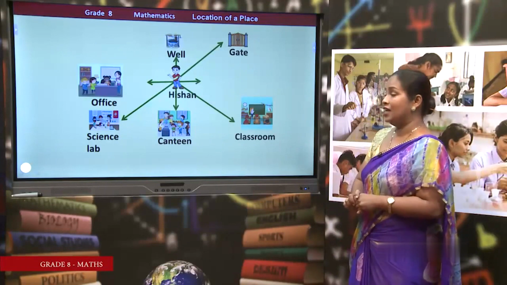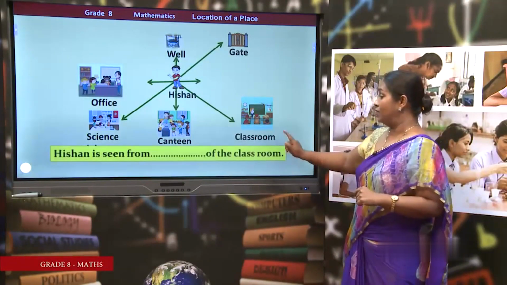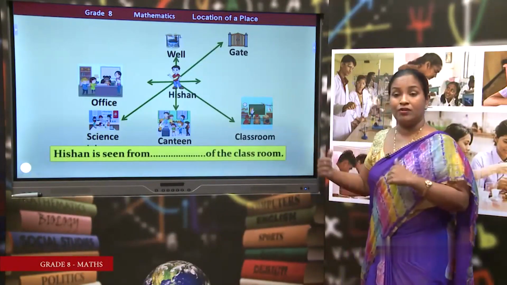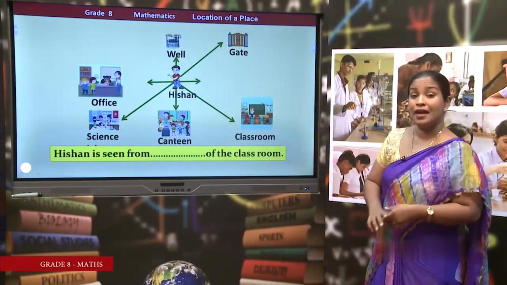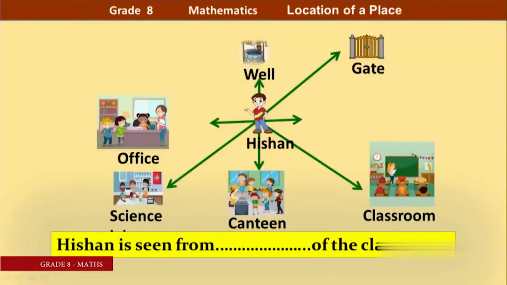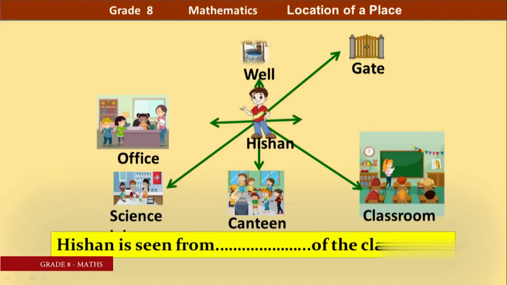Then we will see from the classroom. Now, you are at the classroom, you have to look at Hishan. What is the direction? He is seen from northwest of the classroom. Good.